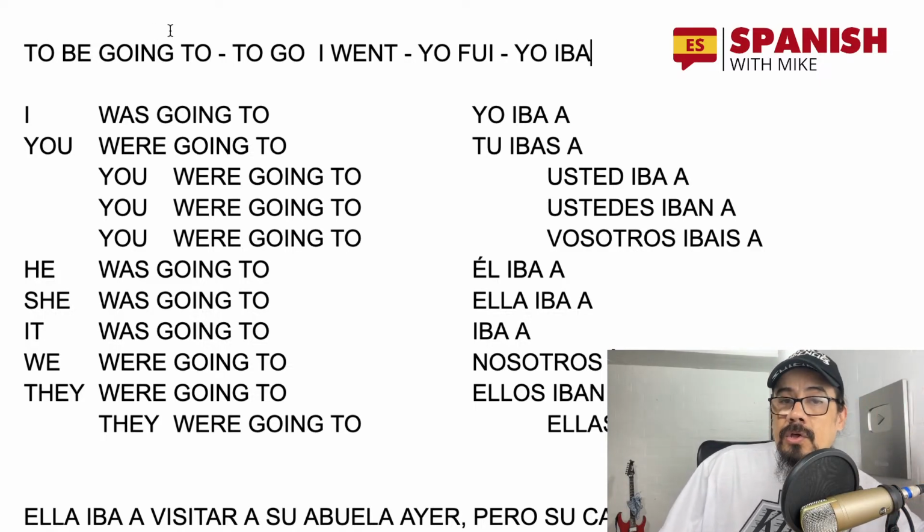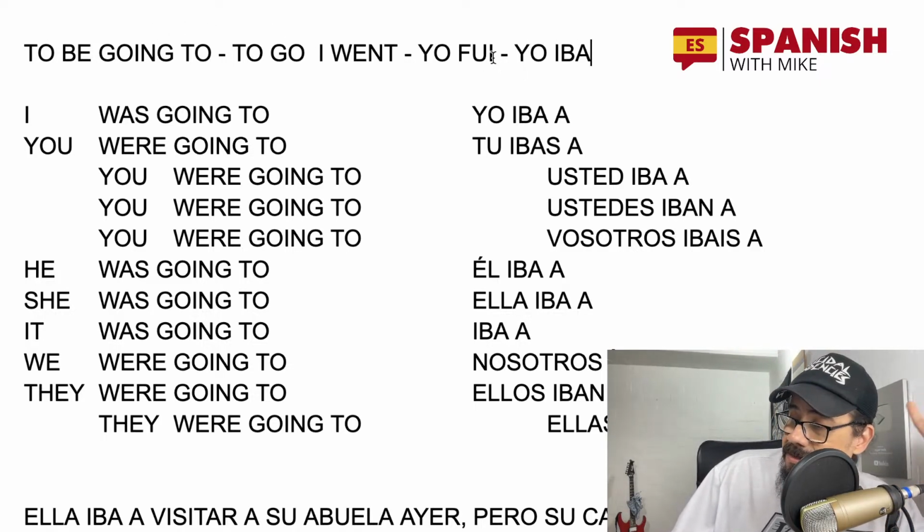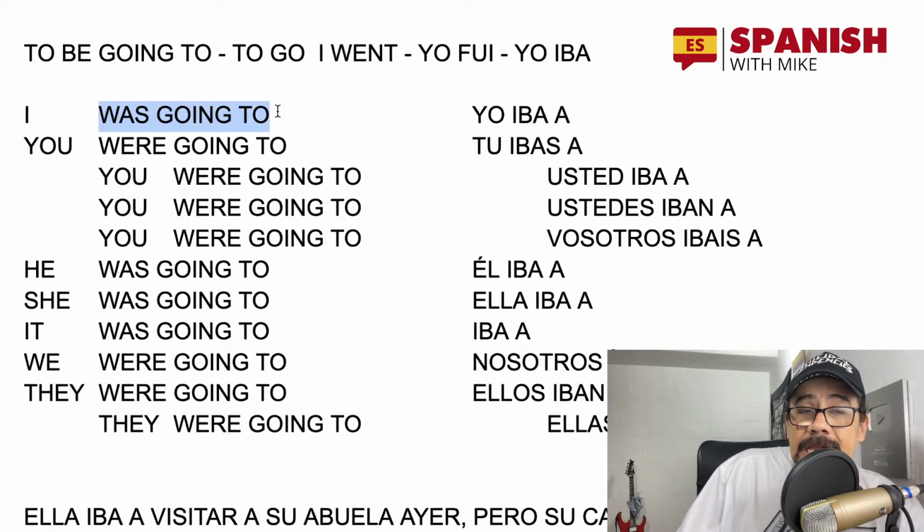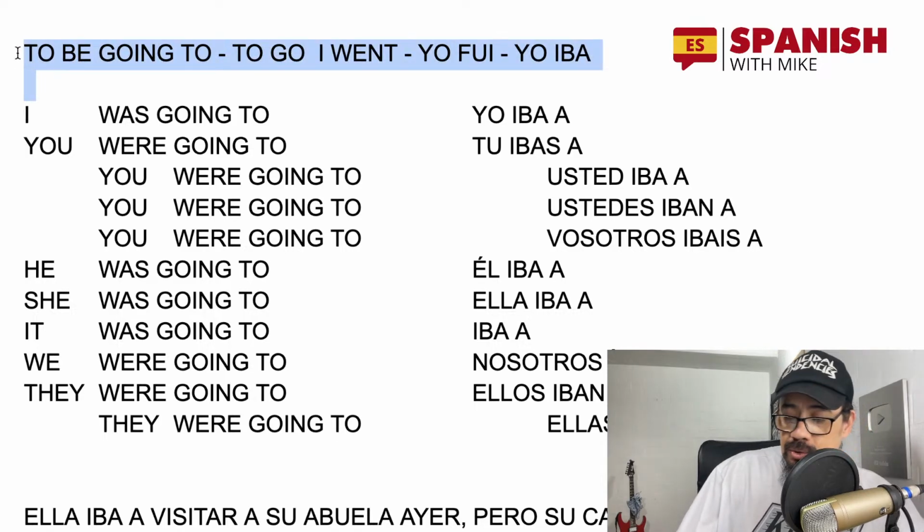Yo fui, pretérito indefinido, things that happened just once. Yo iba, pretérito imperfecto, things that would happen on a daily basis. I can translate this in that way. And that's the reason why when I find this, I could think that I could do this form using either fui or iba, but that's not true.